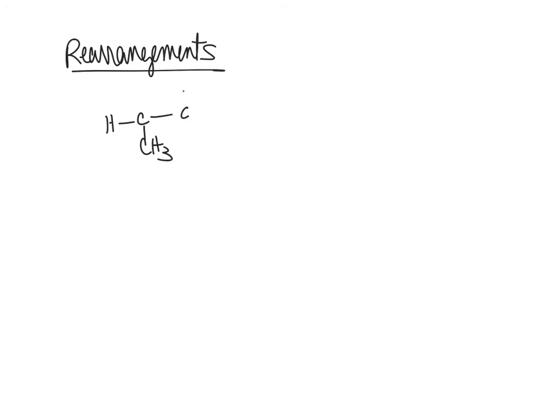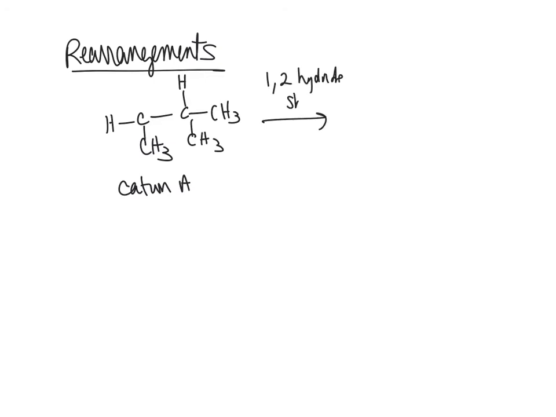Model 3 is very important. I would put a little star there because we're going to be talking about rearrangements. And this is to form the most stable carbocation. Okay, so this is cation A. 1, 2, hydride shift. This is fast.